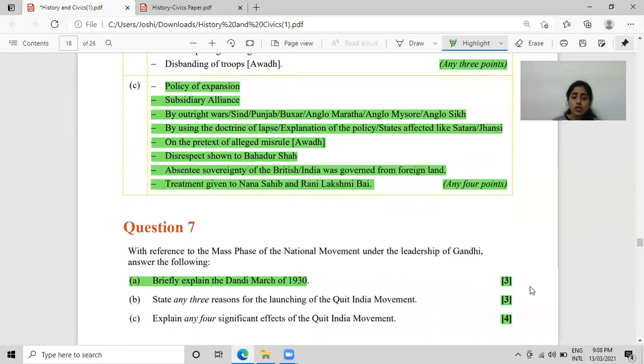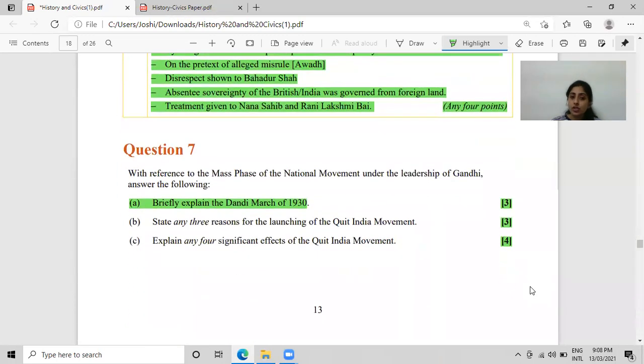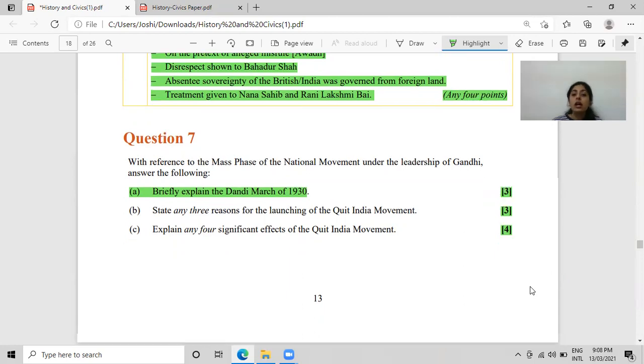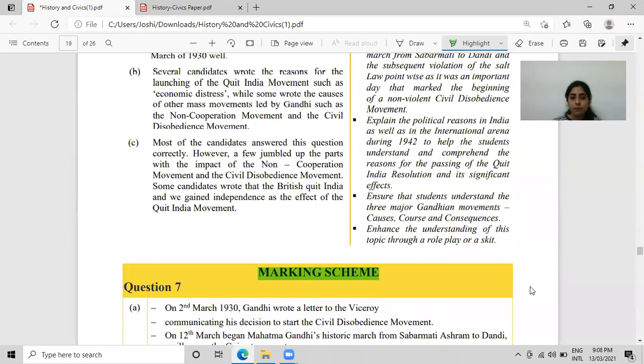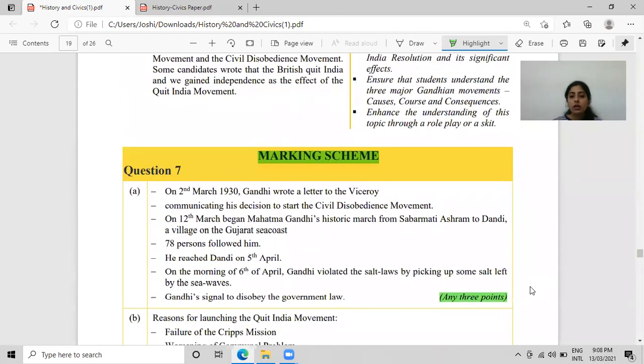Same way, like question number 6, you will have question number 7 having 3 set of questions, that is 3, 3, 4 or 3, 4, 3, that is 2 questions asked for 3 marks and 1 question for 4 marks. Let's take an example over here for the Dandi March of 1930. So you can see over here, any 3 points of Dandi March are required for this question.